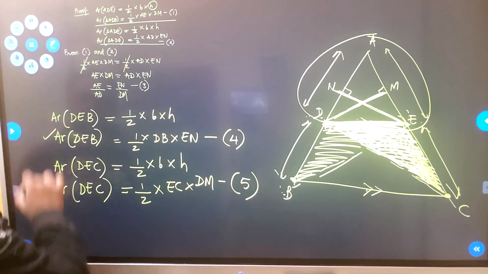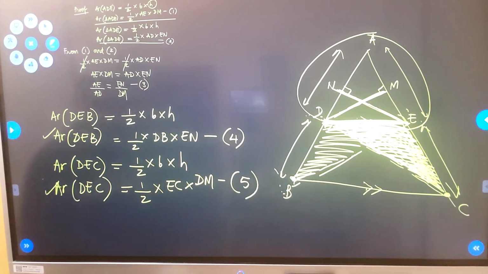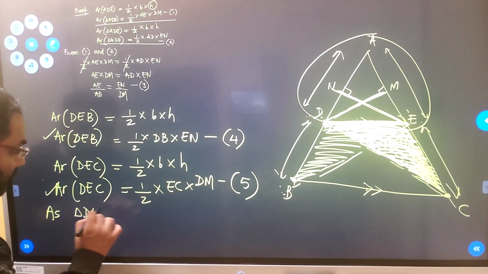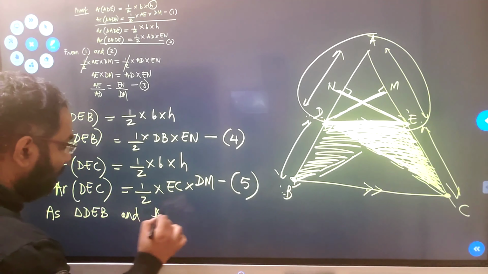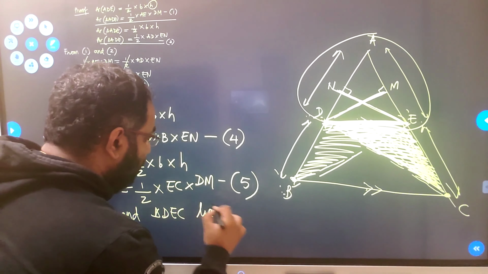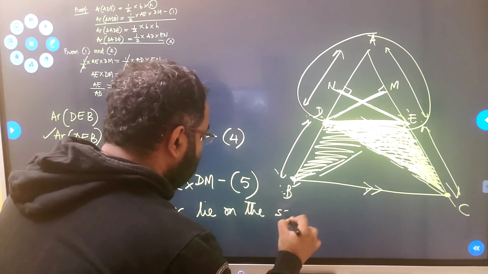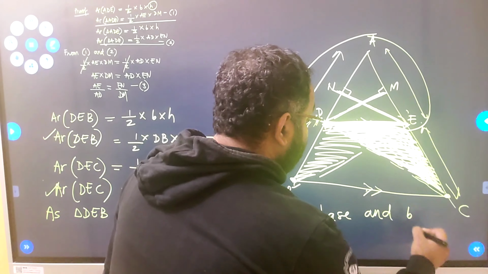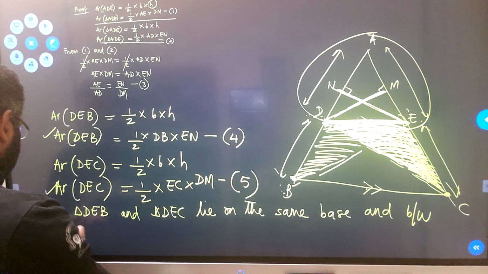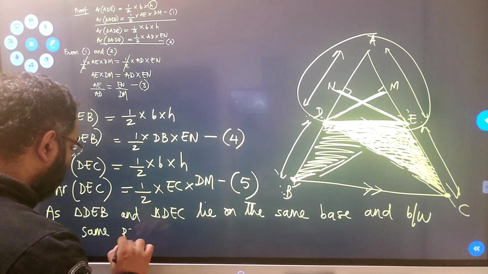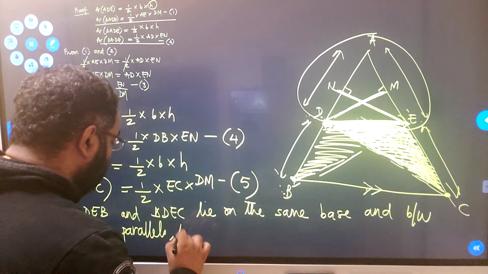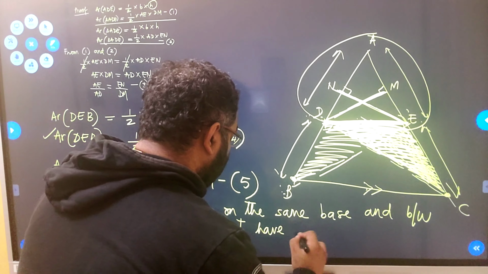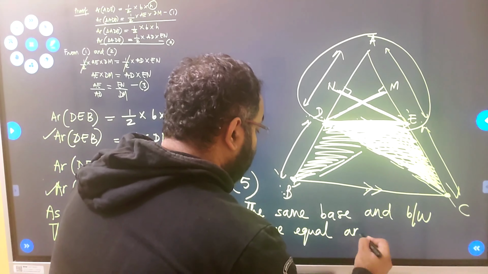So the area of DEB and DEC should be equal to each other, and I'm going to say as triangle DEB and triangle DEC lie on the same base and between the same parallels, they must have equal area.